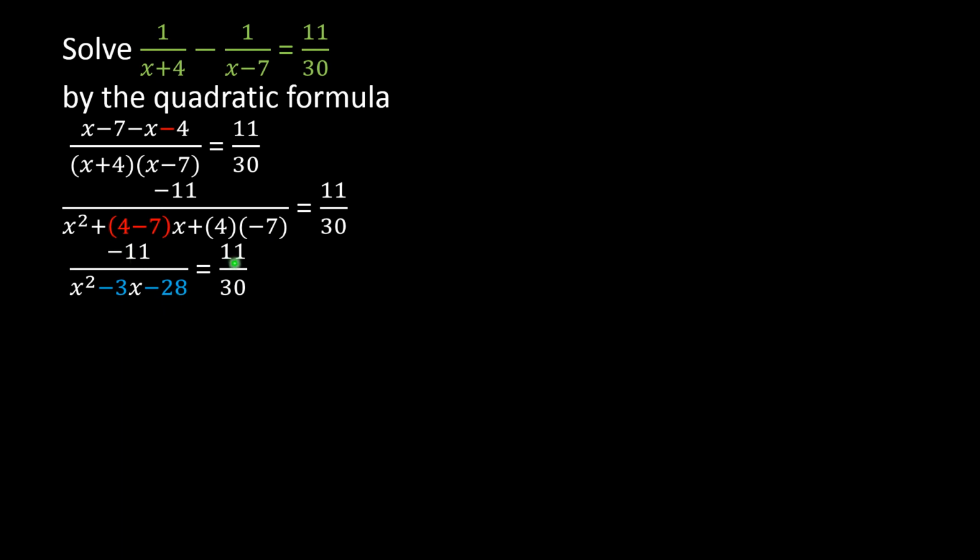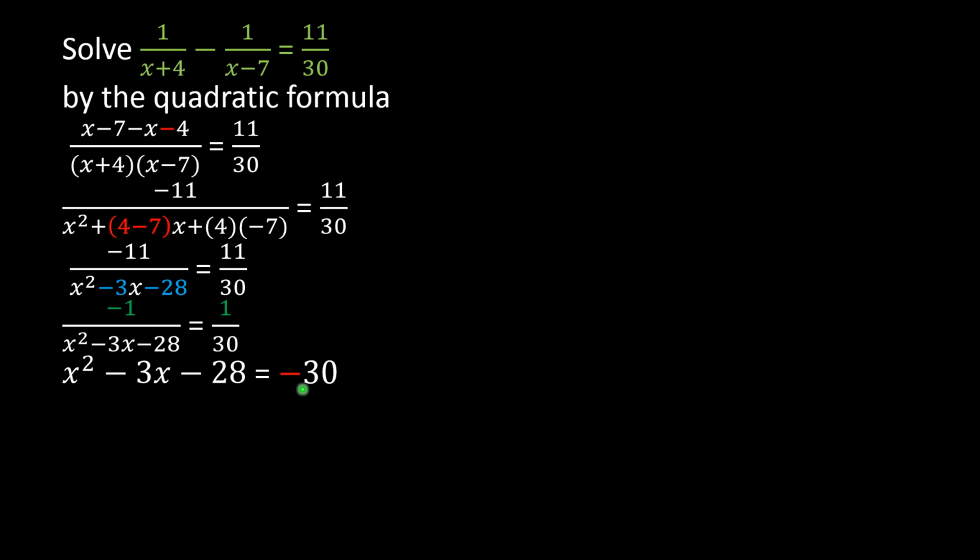Now we will divide throughout by 11 to cancel this 11. So we get minus 1 here and 1 here. Now we will again cross multiply. So x squared minus 3x minus 28 multiplied by 1 will be, and 30 multiplied by minus 1 will be minus 30.